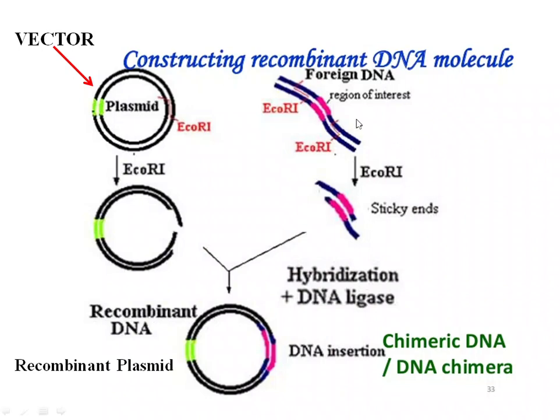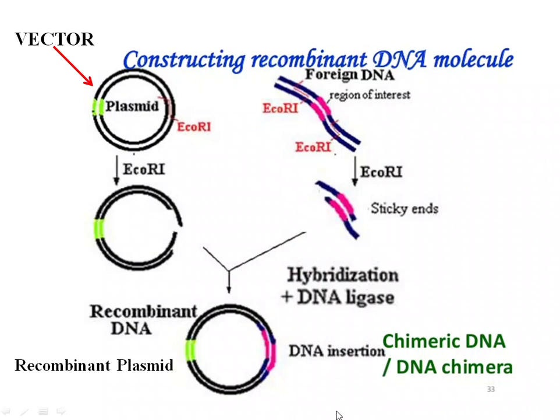And the insertion of the foreign DNA into a vector results in the formation of a recombinant molecule which is composed of a DNA insert. This resultant recombinant DNA molecule is also called chimeric DNA, DNA chimera, or recombinant DNA plasmid.